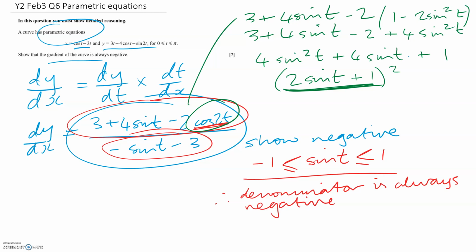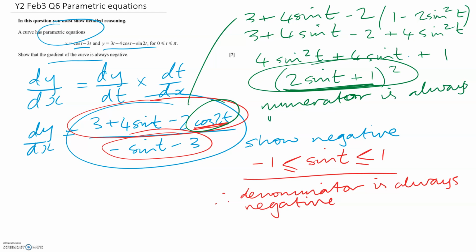So that means that the numerator, which is this, is always positive.